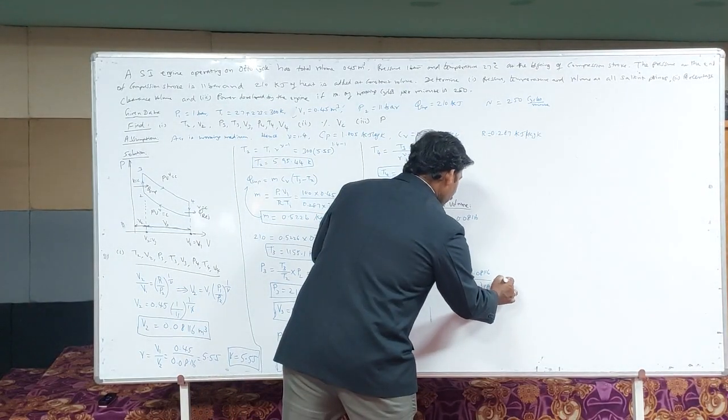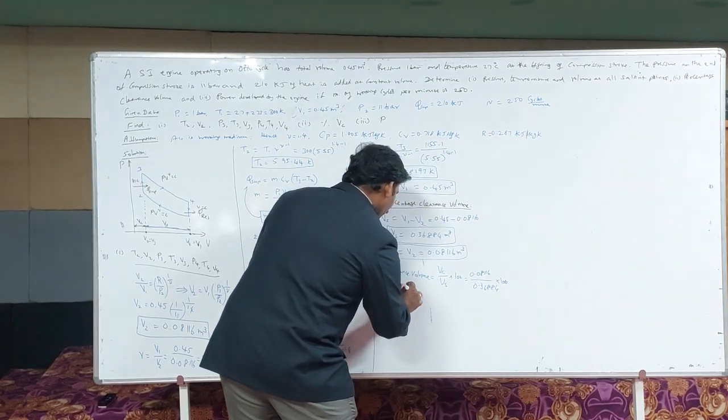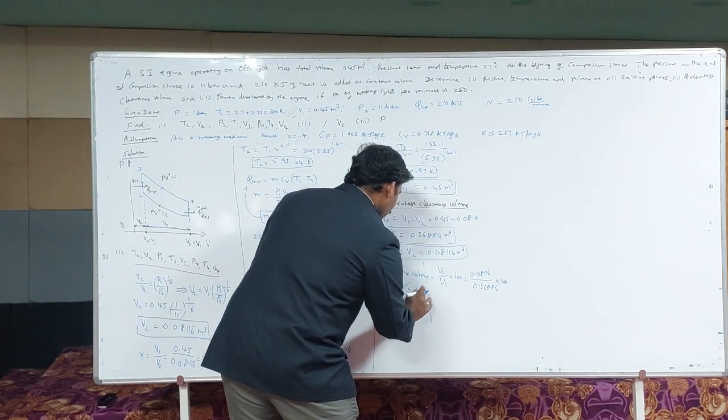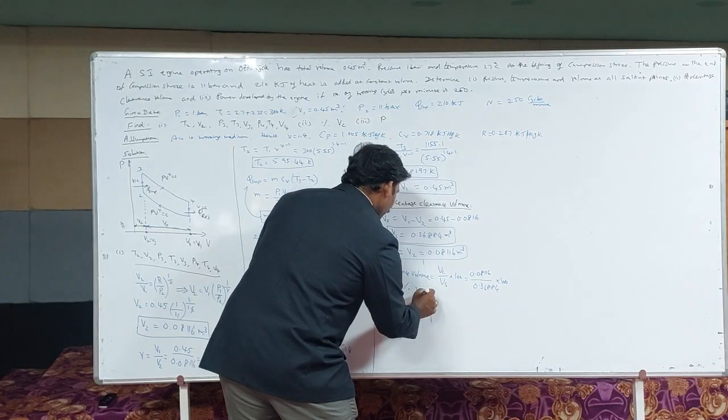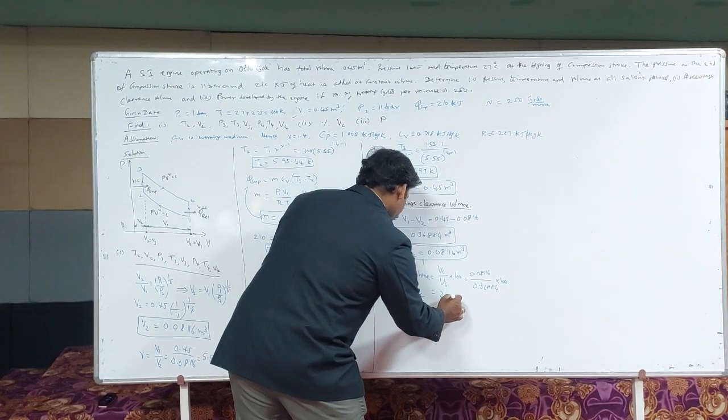So we get the percentage clearance volume is equal to 22 percentage.